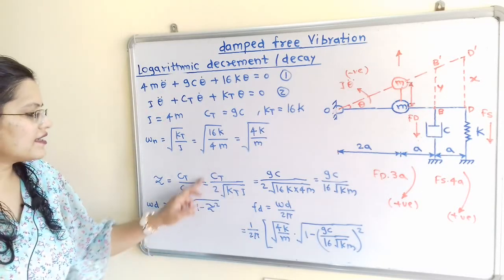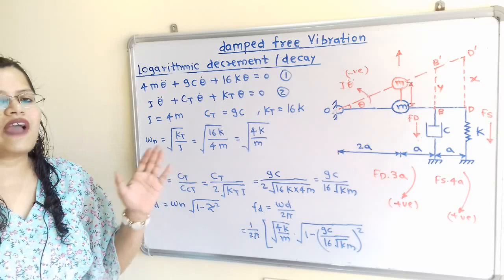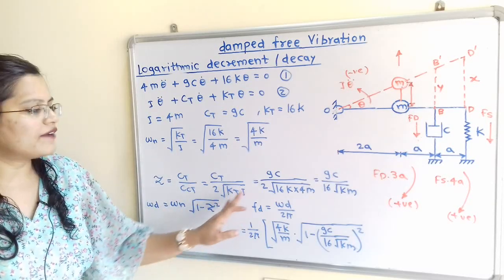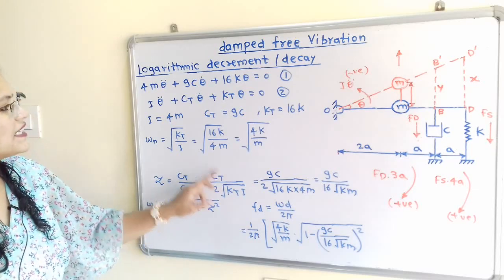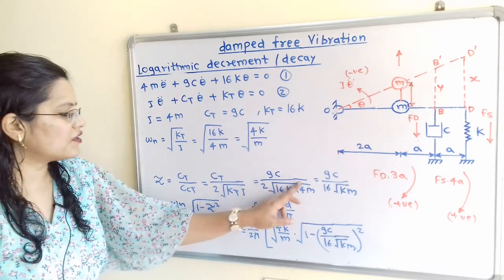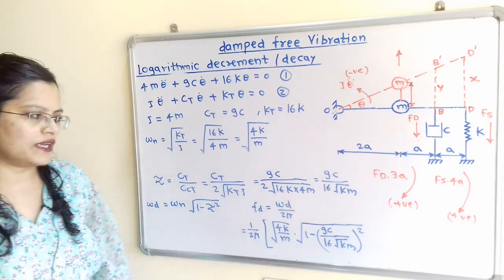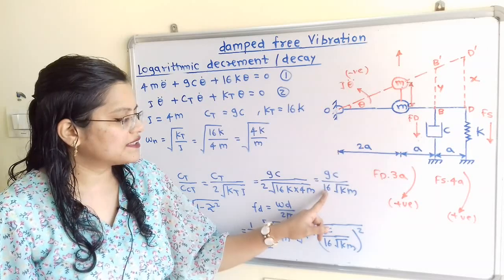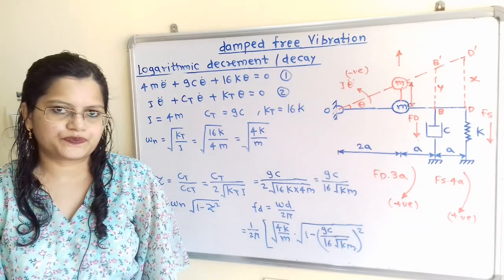So we can write Cct as 2 under root of kt I, and put the values. Ct is nothing but 9c, we keep 2 as it is, under root of 16k into 4m. Simplifying, we get 9c by 16 under root km.